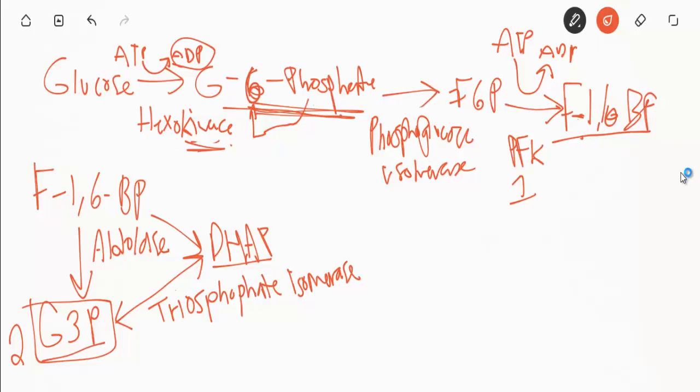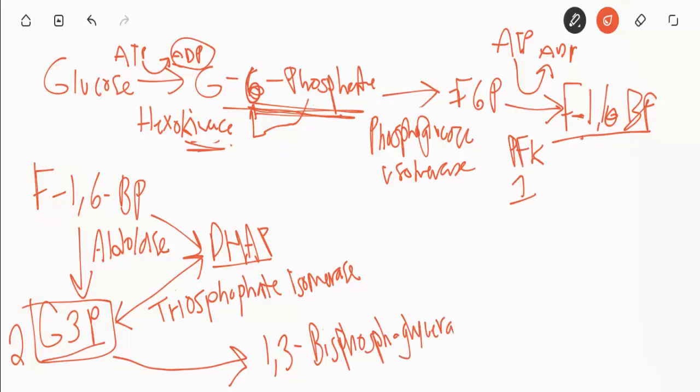So then, the next step, G3P, the next thing we're going to do, we need to get this guy over to 1,3-bisphosphoglycerate. So what does it look like, the enzyme here we're going to be using is G3P dehydrogenase. So what does the dehydrogenase mean?